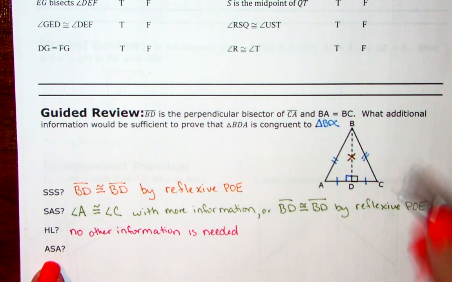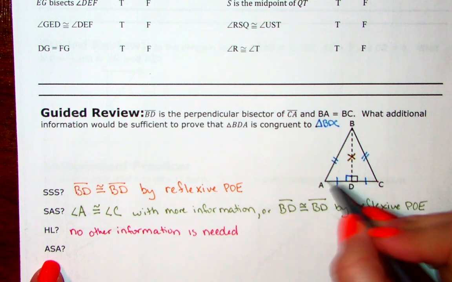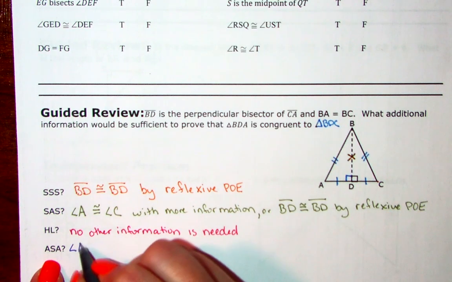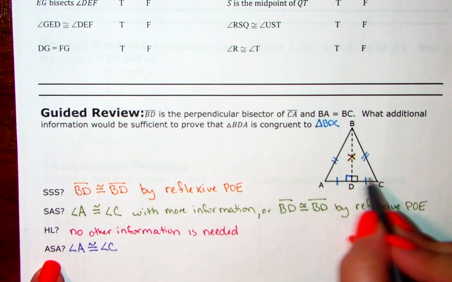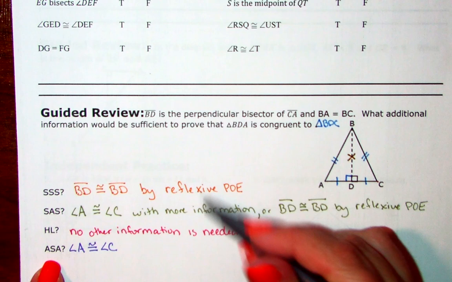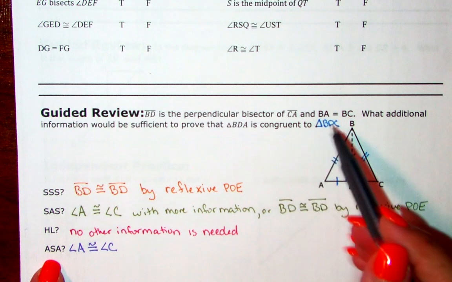And then last one, angle, side, angle. To be able to prove angle, side, angle, if I already have this angle here, and I already have AD and DC, then again, I would want to go back to angle A and angle C being congruent. And there's no way to prove they're congruent right now without going through one of these other ones and proving that they are congruent and then using CPCTC.